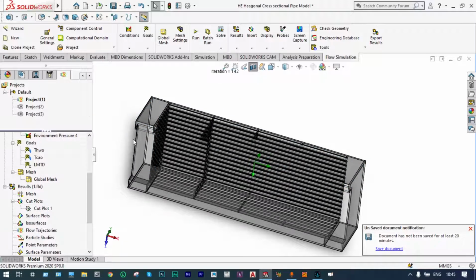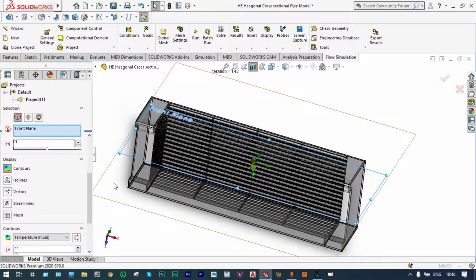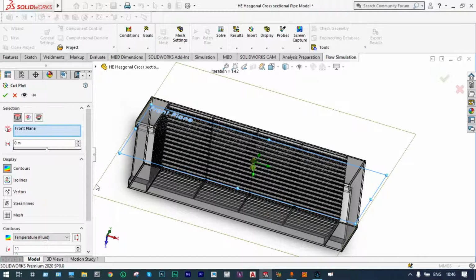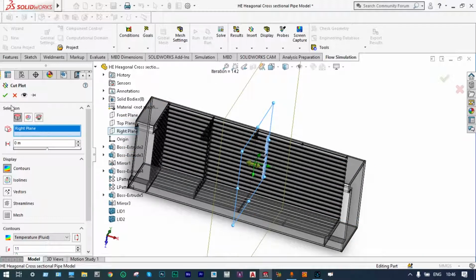Now we want to see the temperature variation of fluid across the right plane. So again insert cut plot, and in this case we want to view temperature distribution of fluid across the right plane. So we can change the plane from here. It will be right plane. Green check.